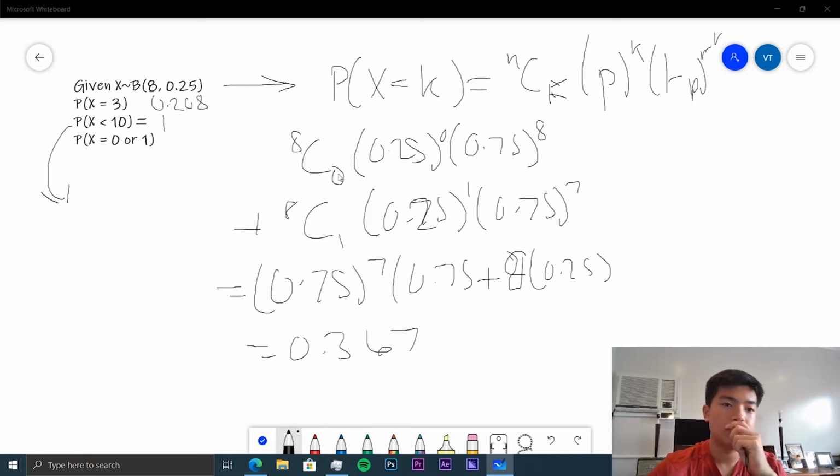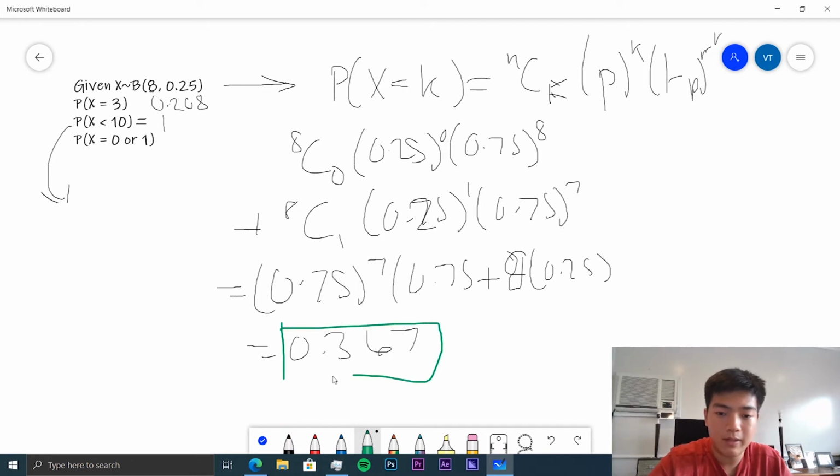So it should be 8 choose 0 times 0.25 to the power of 0 times 0.75 to the power of 8, plus 8 choose 1, which is 8. The probability of it only being 0 is the first term, but the book's got it wrong because it asks for the probability of 0 or 1, which is actually this value over here. So this is the correct value.